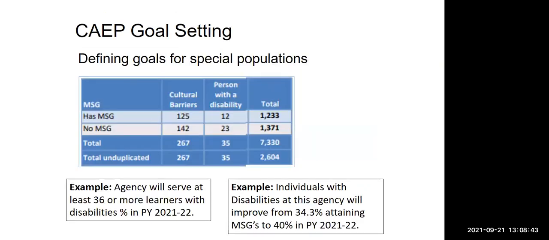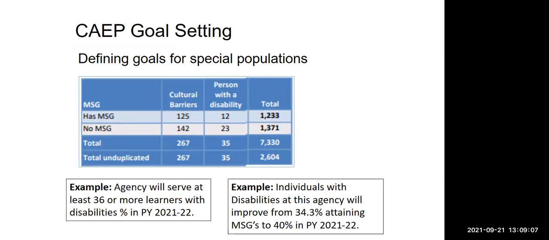This is the same data I just talked about with a more specific example. In this case, we're saying individuals with disabilities will improve from that 34% attaining MSGs to 40% in the next program year. Maybe we want to say we're going to serve more students. That would be another way of doing it.